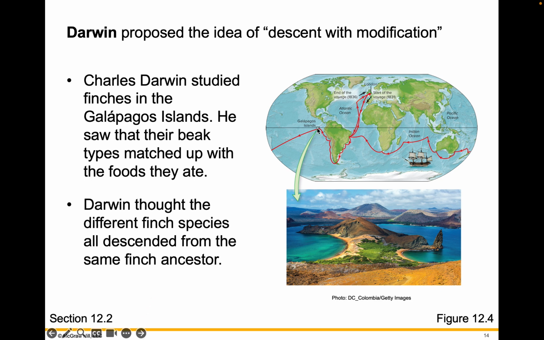If you look, these Galapagos Islands are way far off the coast of Ecuador. So the nearest land mass is super far away. And the Galapagos Islands is a small archipelago of islands. So there's more than one island, and on each of the islands, there's more than one species of finch.